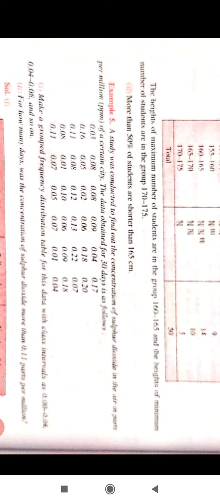Okay. So if we take the highest observation and lowest observation, okay, so here the highest observation will be from this table, not from this question. 173.